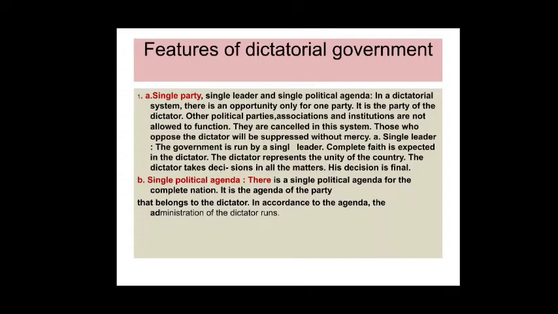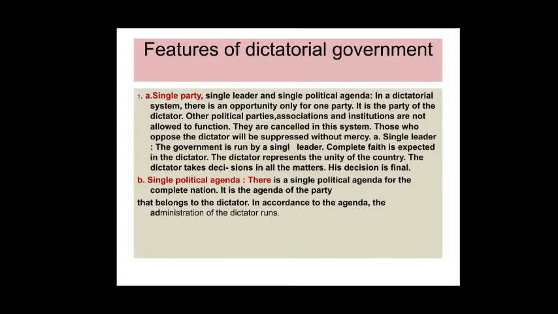So, features of dictatorial government: single party, single leader and single political agenda. Dictatorial means only one person or one group of persons can lead the administration. In a dictatorial system, there is an opportunity only for one party.